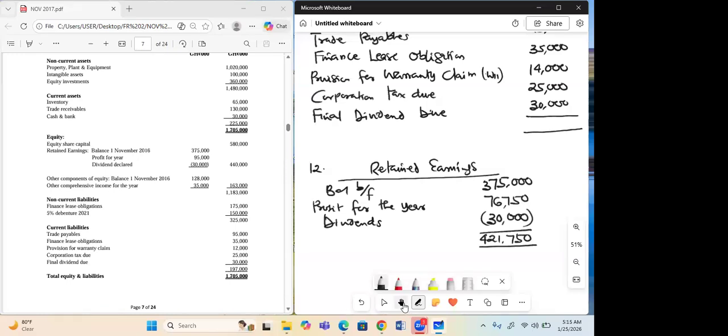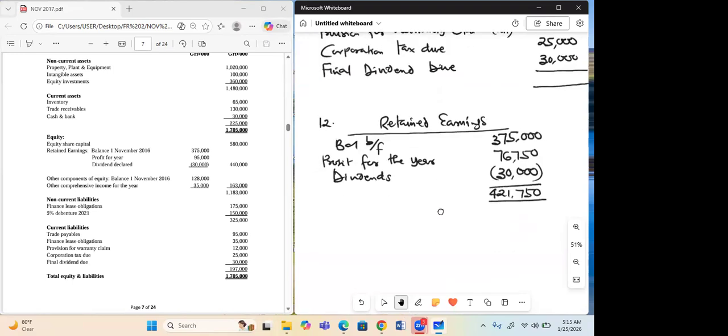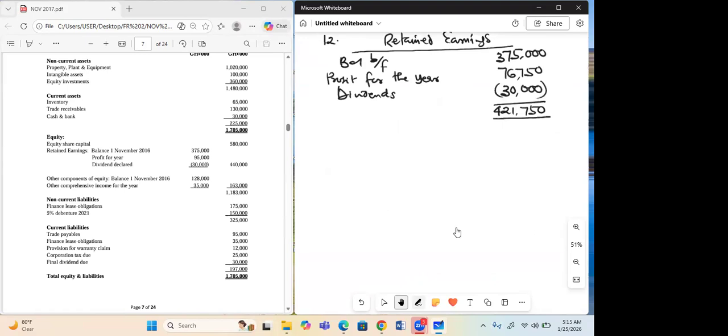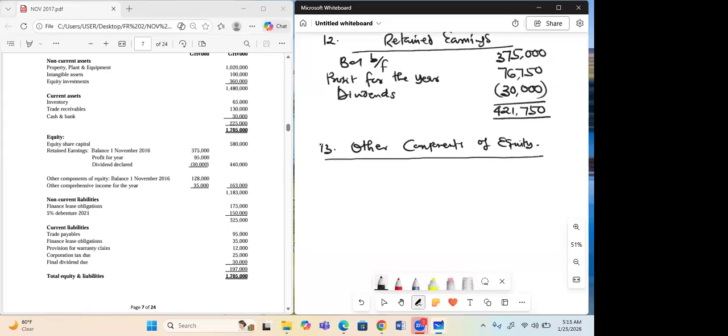Then let's go to the other components. What was the unadjusted balance? 128,000. Yes, sir.